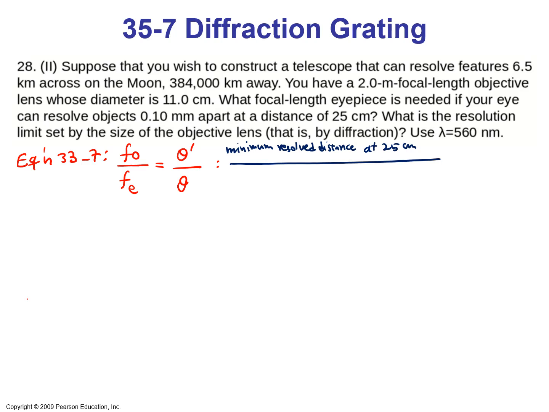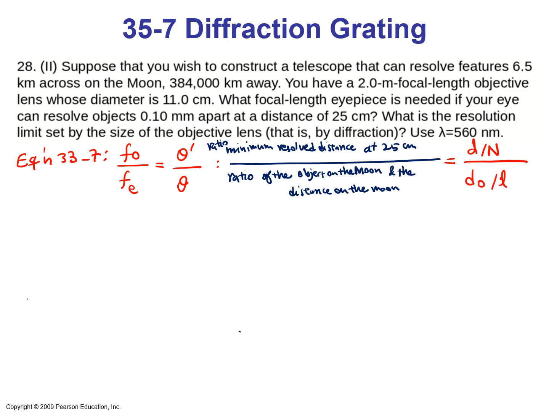And theta is the ratio of the object on the moon and the distance to the moon. So for theta, we have the ratio of the object on the moon and the distance to the moon. We can write this one as d over n. The other one we have dO over L.